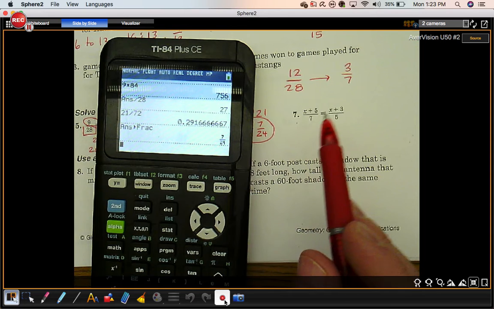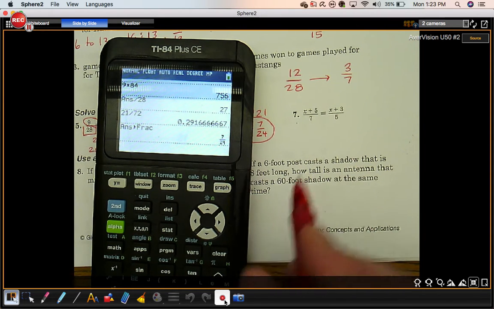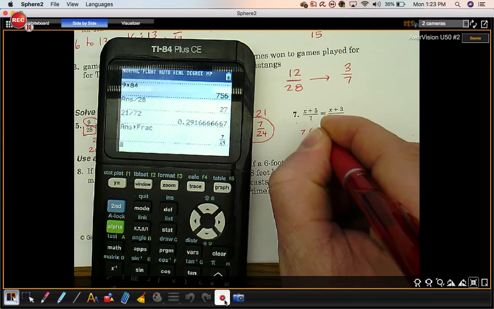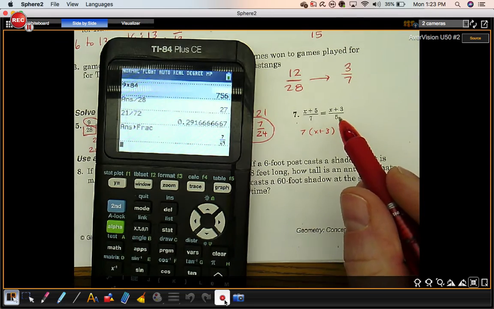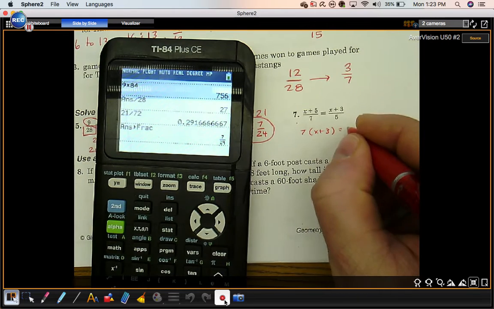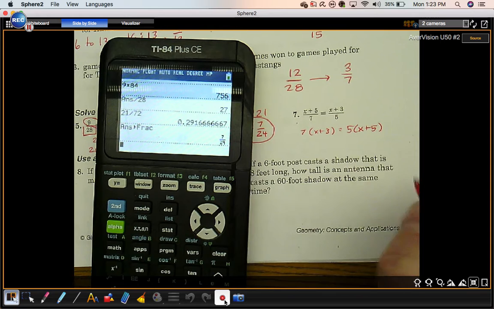Number 7 is a good problem to look at because we have an x on both sides of our proportion. We haven't seen that yet. So we're going to take 7 times the quantity, x plus 3. That's one cross product. The other cross product will be 5 times the quantity, x plus 5. Then we're going to distribute to get x by itself.